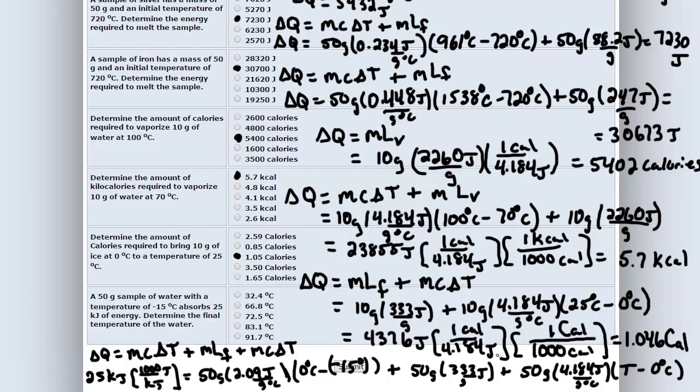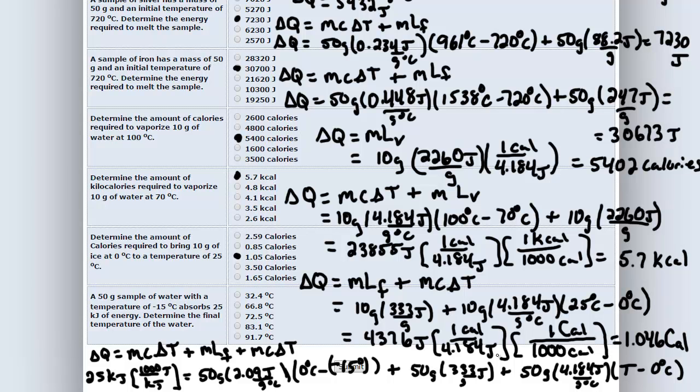So we have 25 times 1,000 equals 25,000. And we're going to subtract off 50 times 2.09 times 15. And now we subtract off 50 times 333.